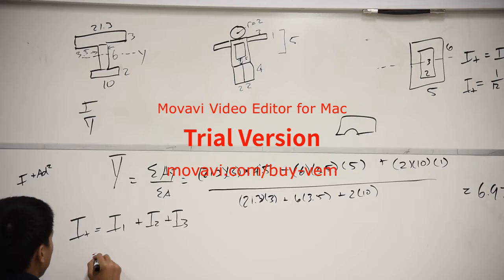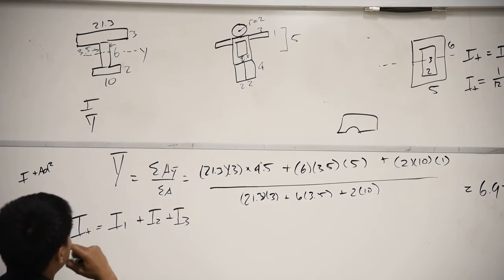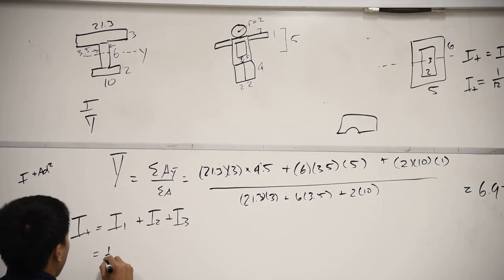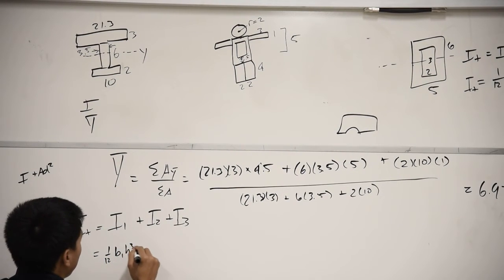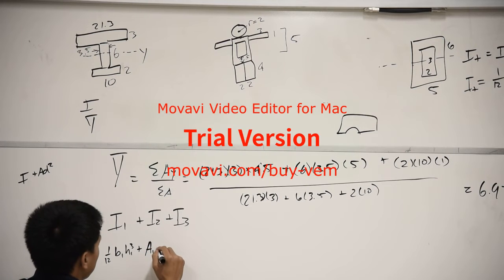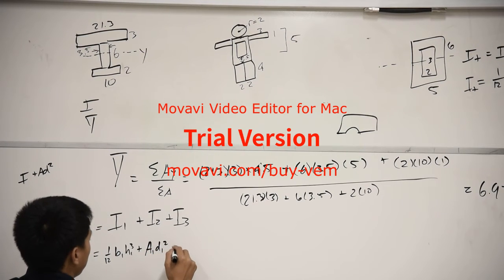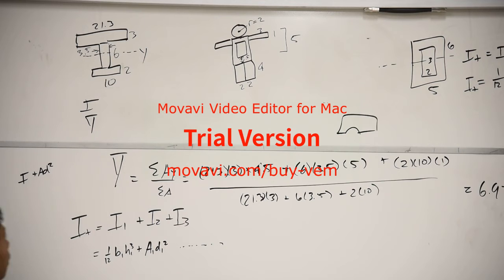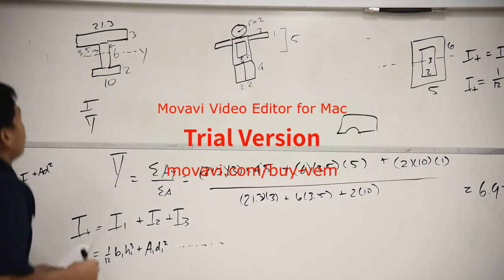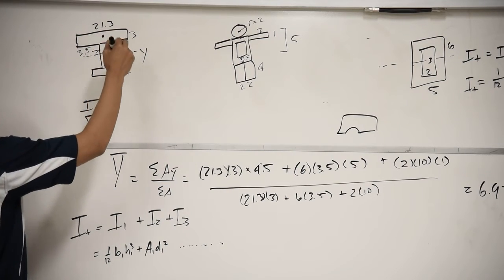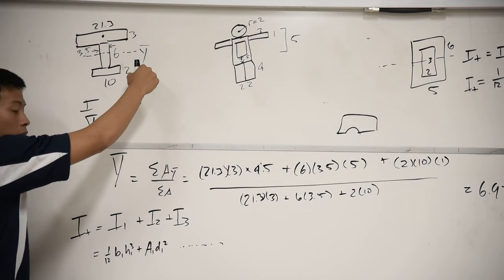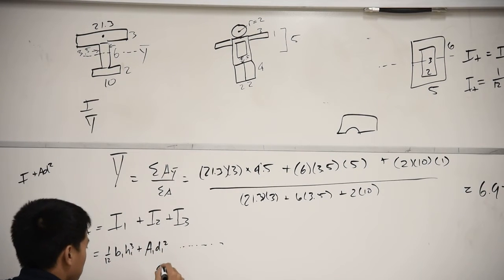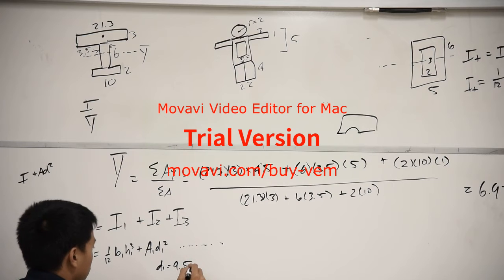So you're going to get 1/12 base 1 height 1 cubed plus, I'm just going to write it like this, A d squared, dot dot dot. For piece 1, the center is going to be here, which is 9.5. And since y bar is at 4, this d value is going to be 9.5 minus 4.